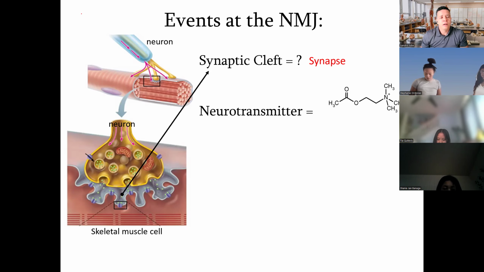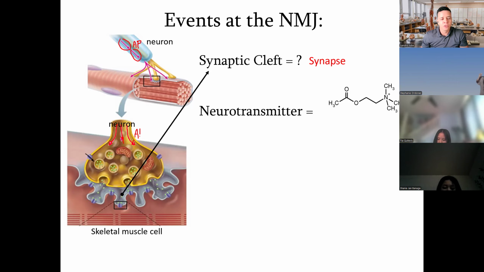And if you look right here in the cartoon, we can see these little purple arrows. They are representing the action potential traveling through the neuron. And we can see that eventually this action potential will get to the axon terminal. And now what's going to happen once the action potential gets to the axon terminal?